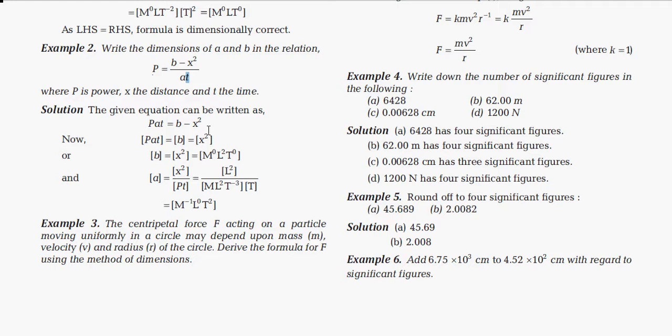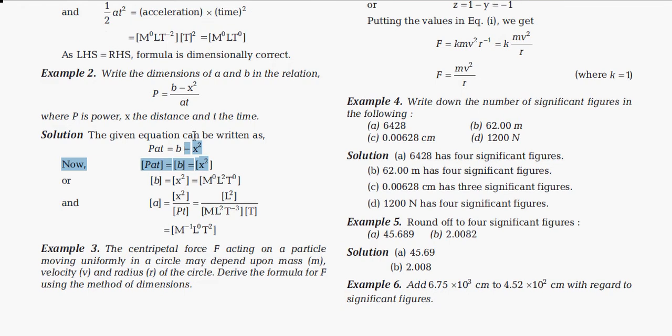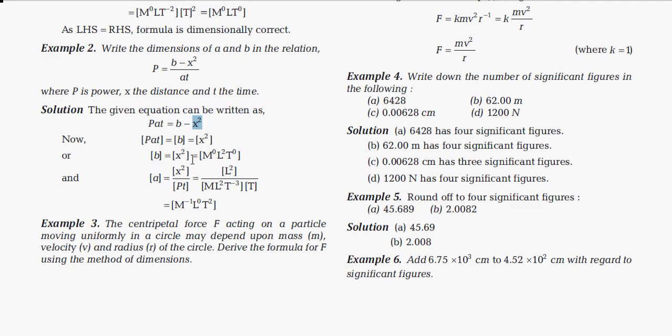Both terms are being subtracted, and whenever there is addition or subtraction, they must have the same dimension. So b will have the dimension of x square. x is the displacement or distance, which has L, and since it is squared, b has the dimension L square.